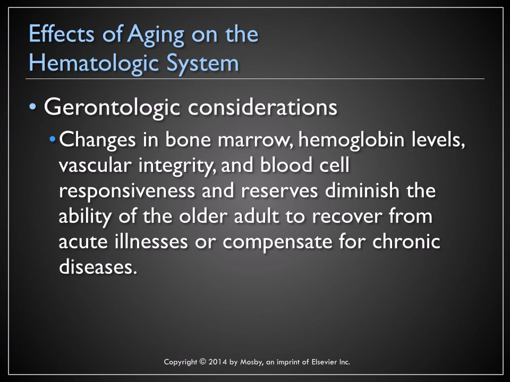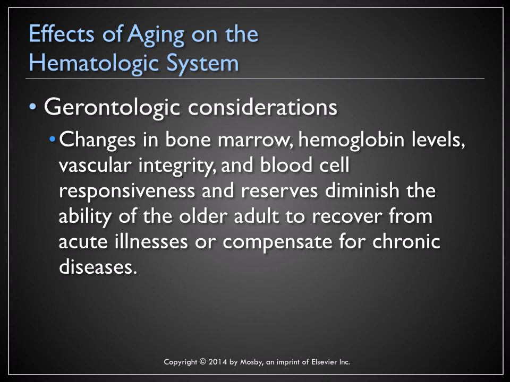Although the older adult is still capable of maintaining adequate blood cell levels, the reduced reserve capacity leaves the older adult more vulnerable to possible problems with clotting, oxygen transport, and fighting infection, especially during periods of increased demand. Hemoglobin levels begin to decrease both in men and women after middle age, mostly seen in the older adults.